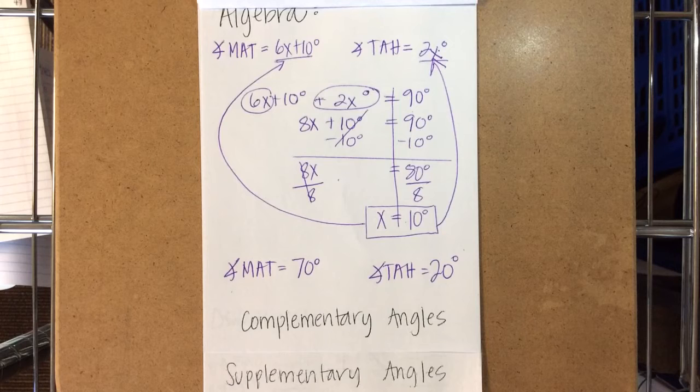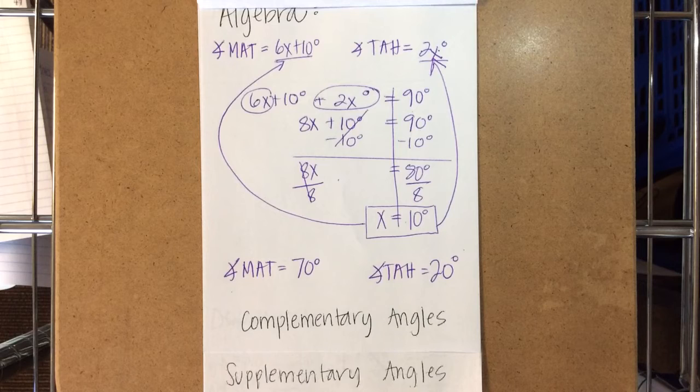The little symbol means angle. It looks like that, so you don't say, is that a greater than sign or a less than sign or an L or half a 2? All right, so looking at this picture, these are supplementary angles. They make a straight line.